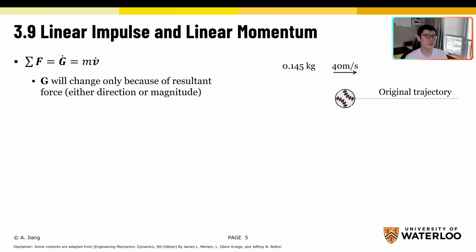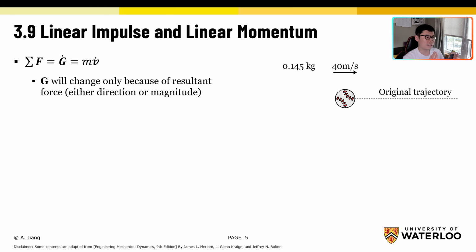On the other hand, we also have sum of F equals G dot, or equals m v dot. This tells us the linear momentum G will change only because of the resultant force, either in direction or magnitude. This is similar to F equals ma, Newton's second law.